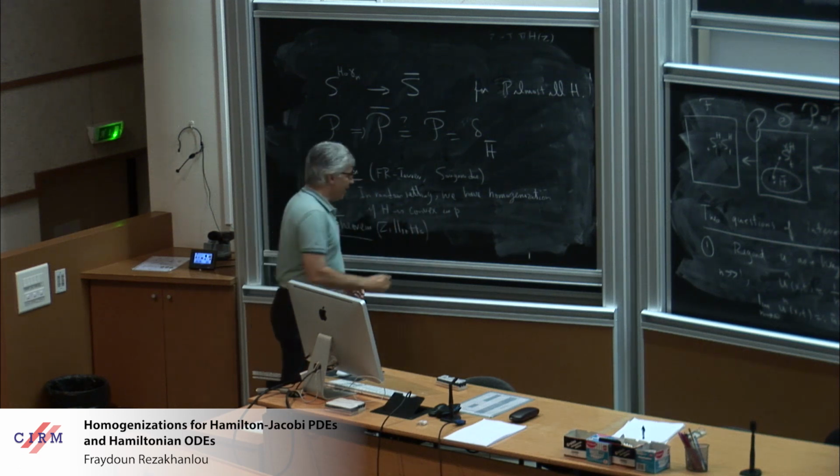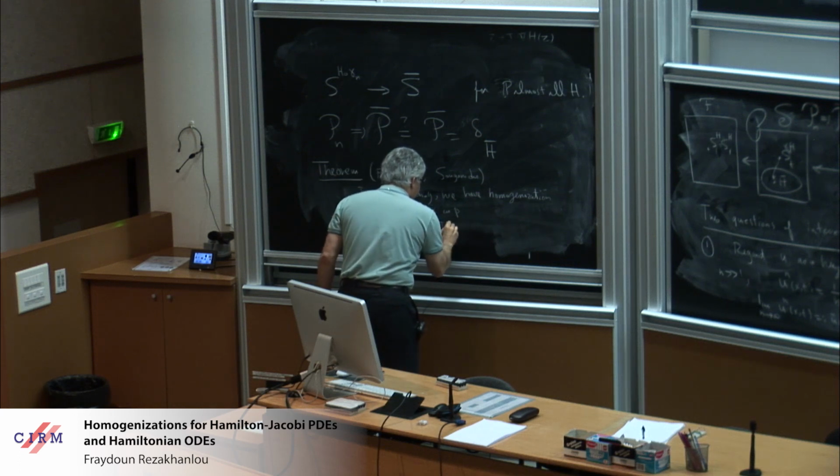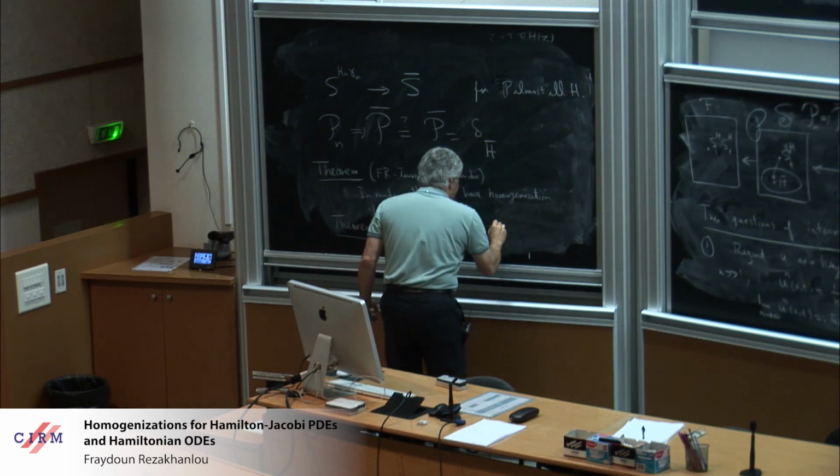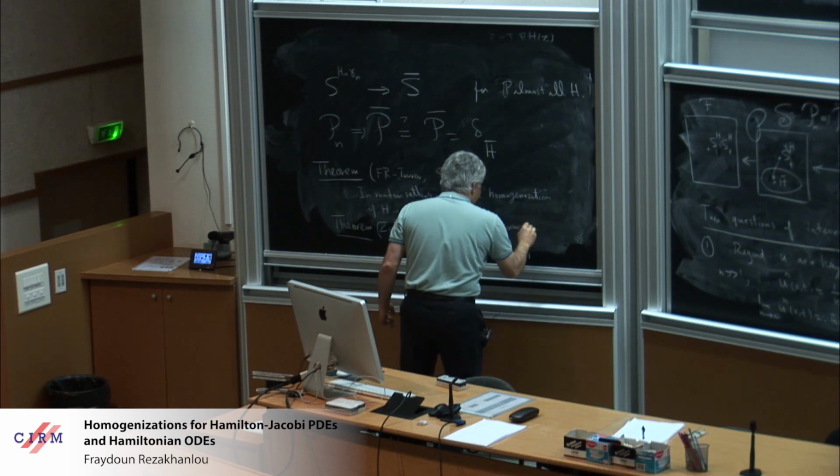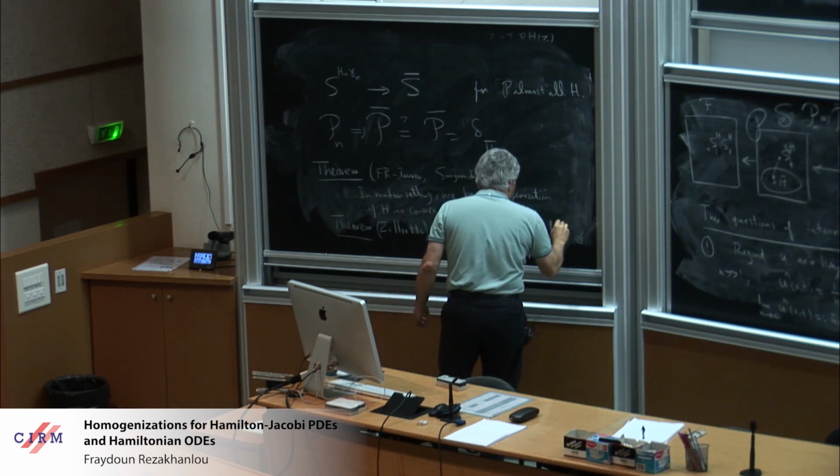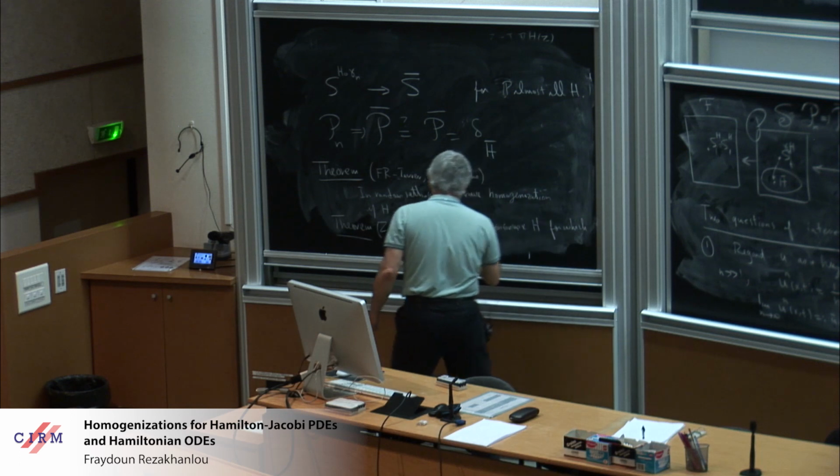It says that in the non-convex setting, there exists a non-convex H for which there is no homogenization.